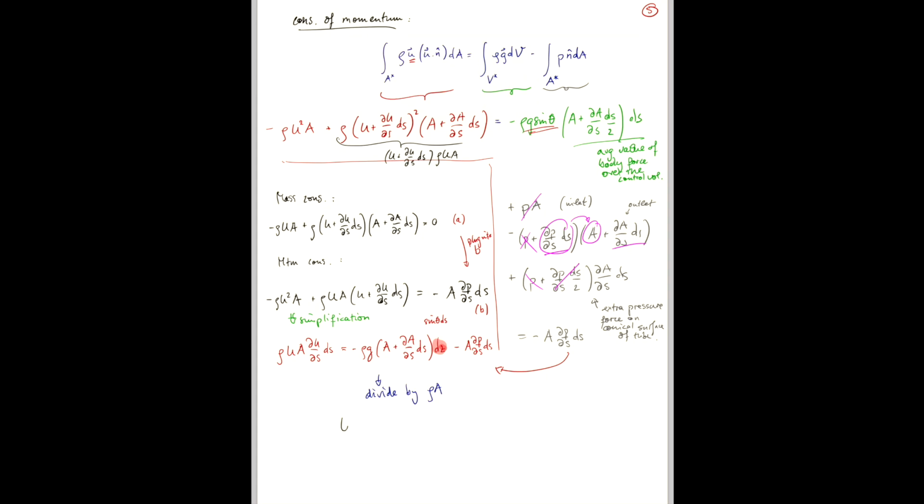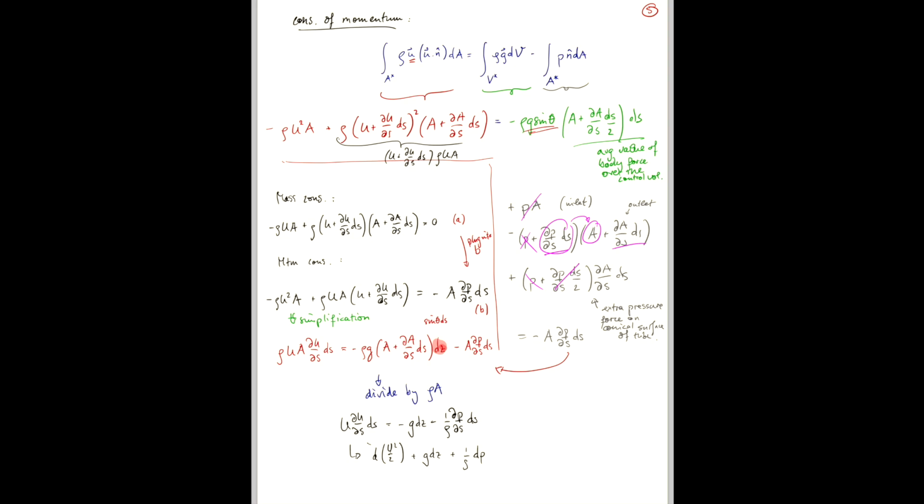And so then we have u du/ds ds equals minus g dz minus 1 over rho dp/ds ds. And you can already see now it is starting to look like the Bernoulli equation. So you can rewrite this essentially as the infinitesimal of a half u squared plus g dz plus 1 over rho dp.